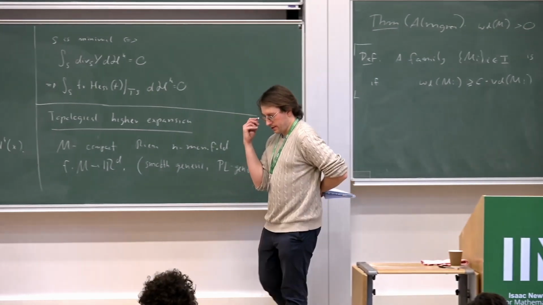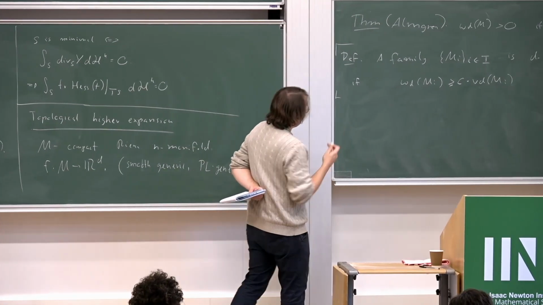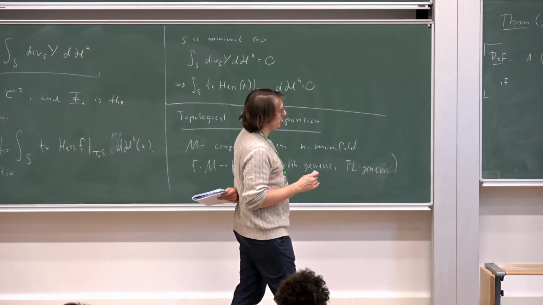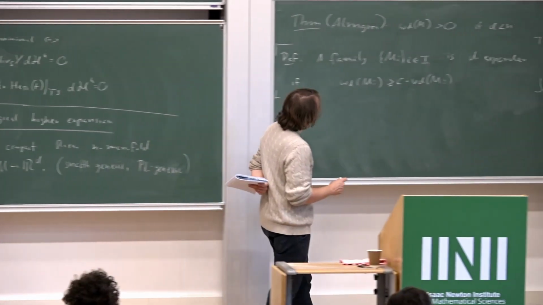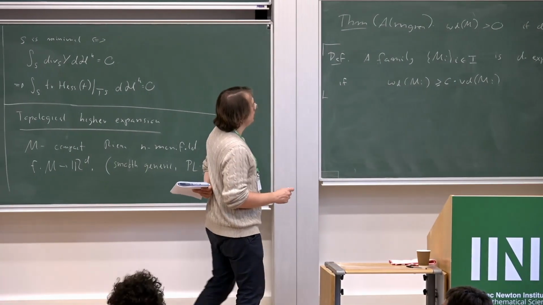Gromov, well, I don't know if it was Gromov, but it's quite easy to see that if you have a family of manifolds which has a uniform spectral gap for the Laplacian, then they're 1-expanders. And Gromov asked for a higher version of this.